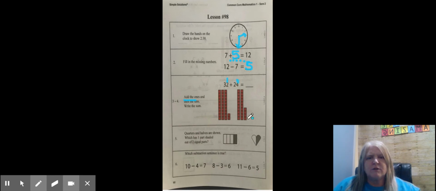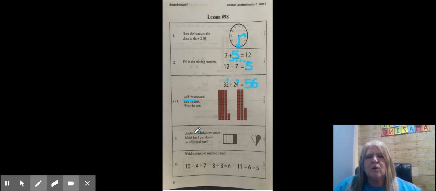And here they are to use as counters. We know that there's 4 over here, and that's bigger. So we're going to count 4, 5, 6. So the ones equal 6. And then add the tens. So now we have 3, 10, 20, 30, 40, 50. So we have a 5 for the 50. So 32 plus 24 equals 56.